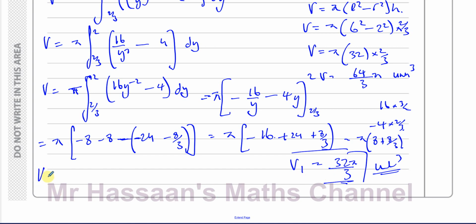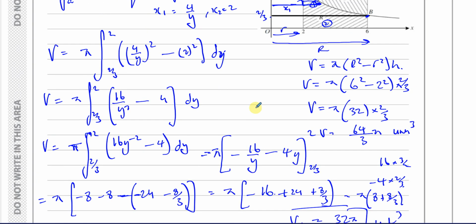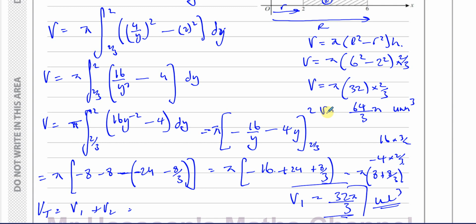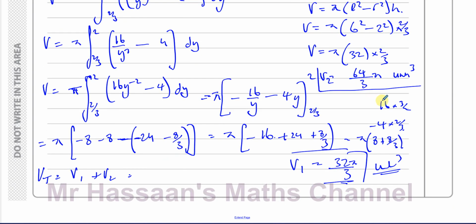So the total volume is going to be the volume of 1 plus the volume of 2. And the volume of 2 we found earlier as being this. This is the volume of 2, which is 64 over 3 pi units cubed.